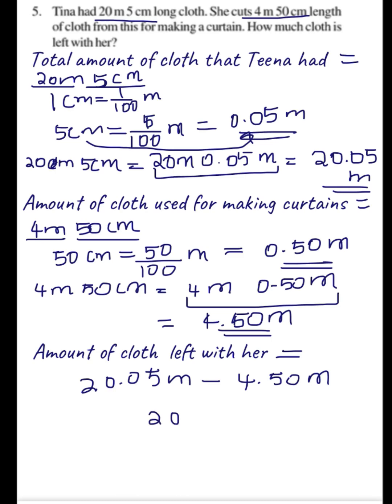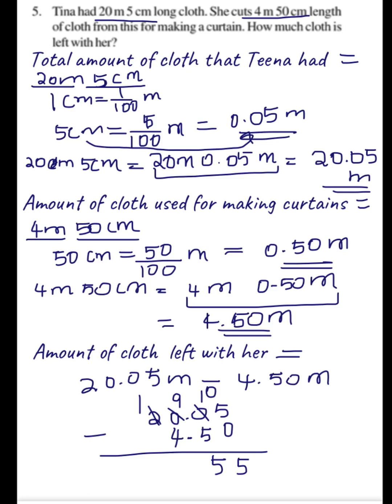Now let's do the subtraction. The first one is 20.05, minus the second one, 4.50. The points should be in the same line. Now 4 can be written here, 4.50. 5 minus 0 is 5. Now 1 here, 9, 10. What is 10 minus 5? 5.